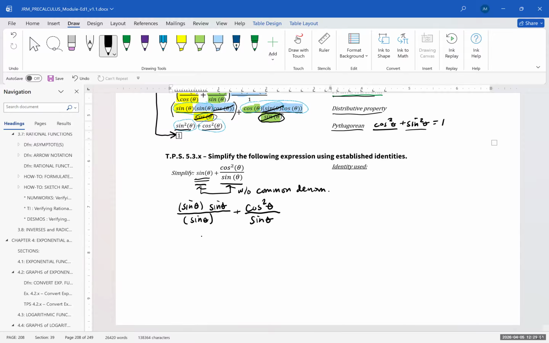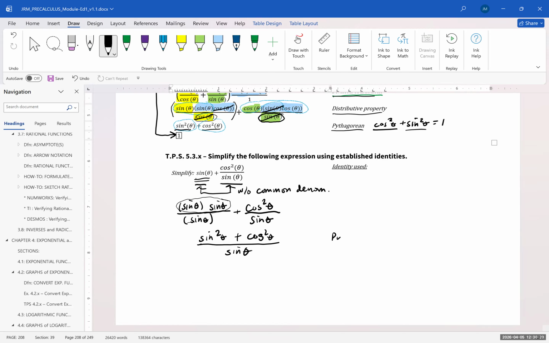Okay, well, now I have a common denominator and also recognize that now we've got sine theta times sine theta. So that's going to become sine squared theta plus cosine squared theta all over sine theta.